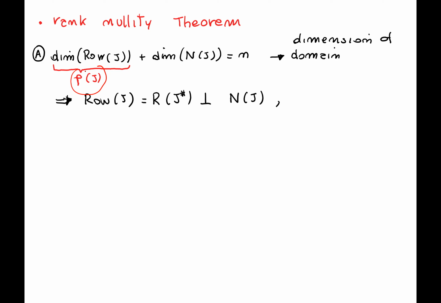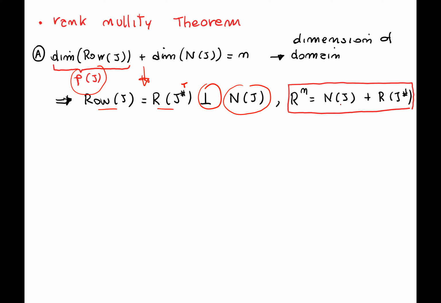And this has some consequences. The first one is that the row space, which we said was equal to the range space of J pseudo inverse, or even J transpose, we will see they are the same. Both of them are true. The row space of J is orthogonal to the null space. This is a consequence of this property.